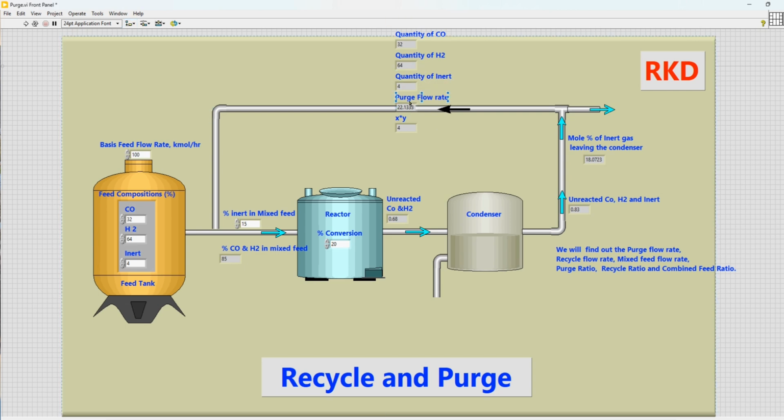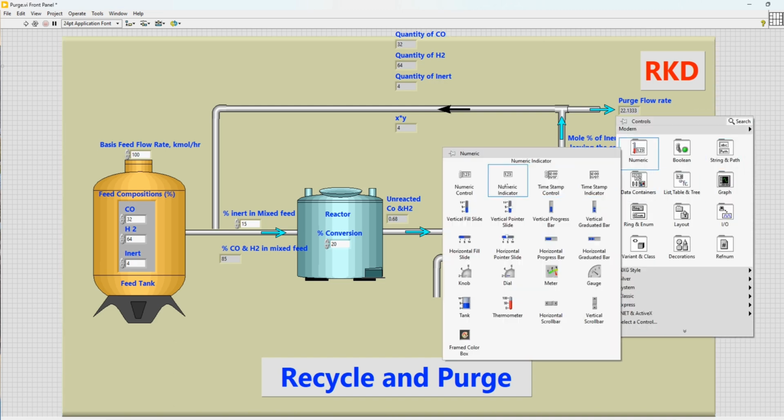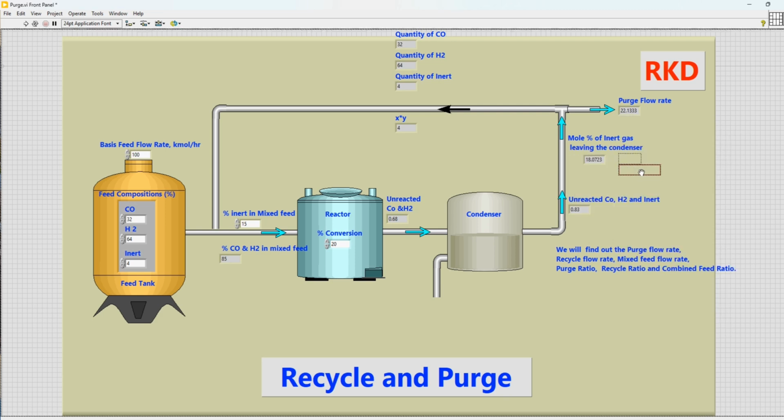So this purge flow rate, this is, and from here we can take this one and just remove and fix it here. This is flow moving out. So from here we are able to find out this purge flow rate.